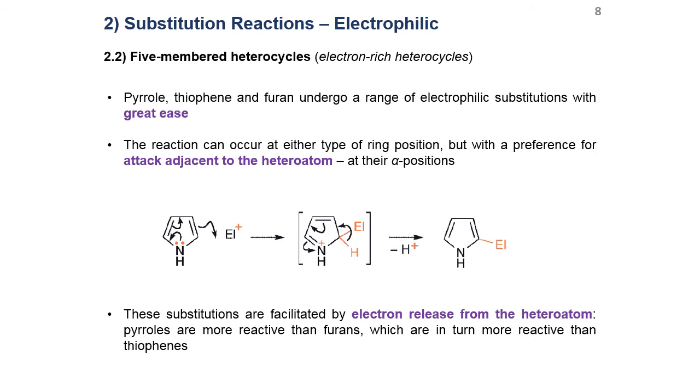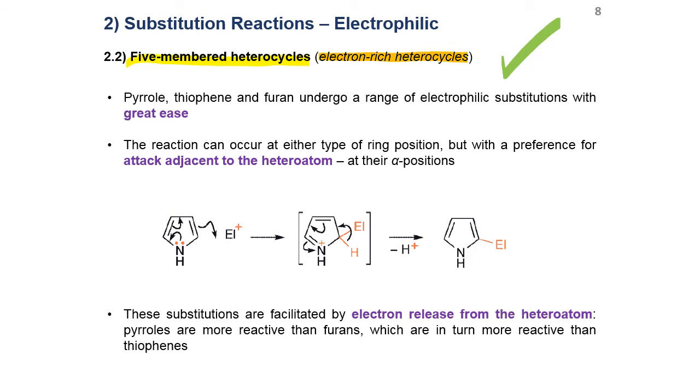On the other hand, for the 5-membered heterocycles, electrophilic substitution is one of the major reactions in this kind of molecule, because these molecules are electron-rich heterocycles and can react well with electrophiles.